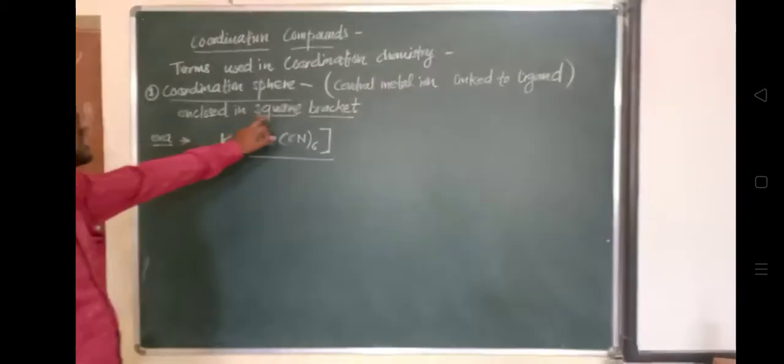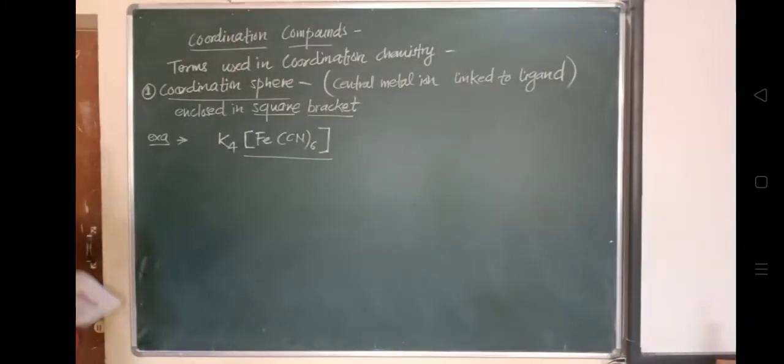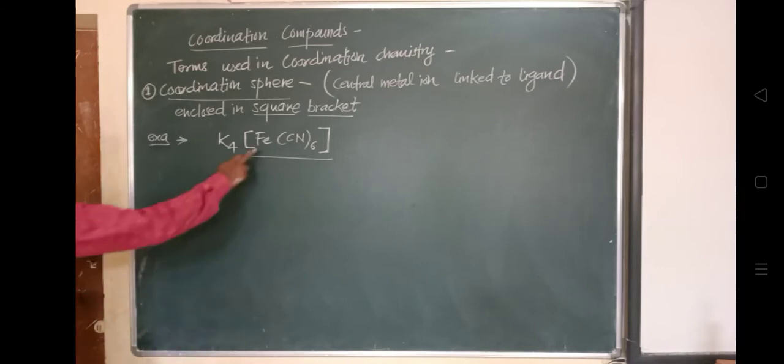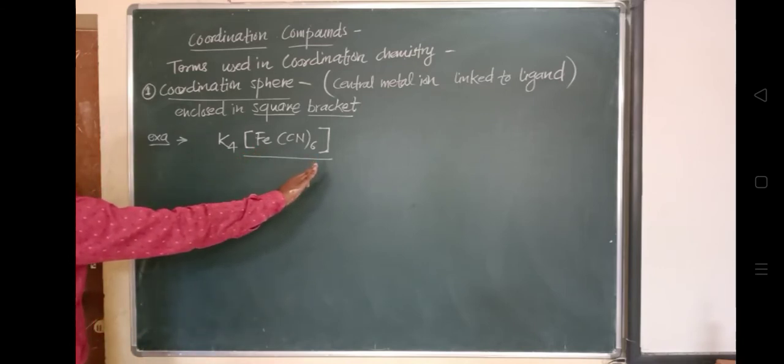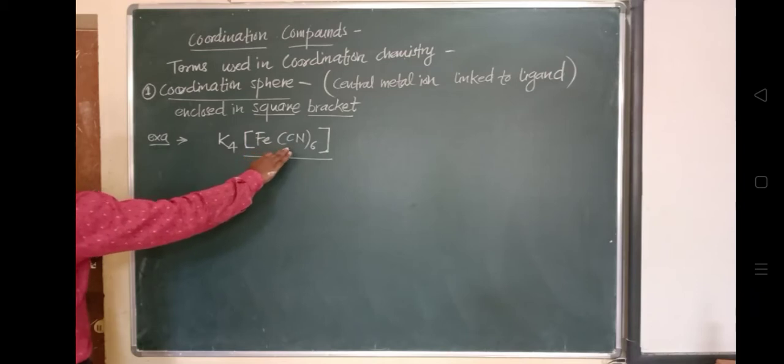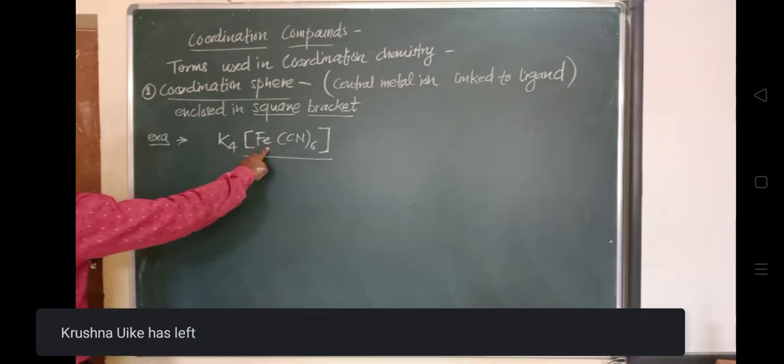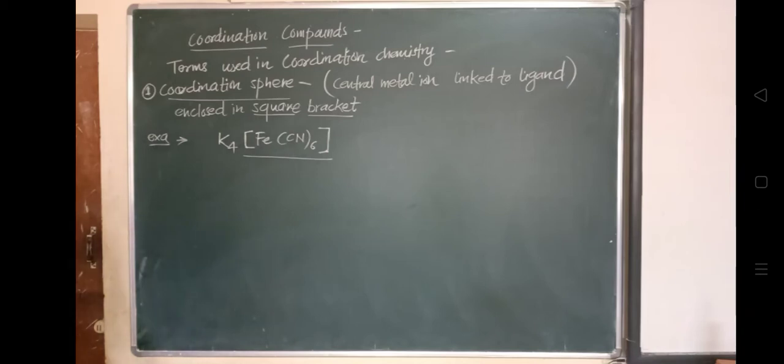Right now we have not shown any charge. But if the coordination sphere comprising the central metal ion and surrounding ligands is shown with a net charge, that is called a complex ion.